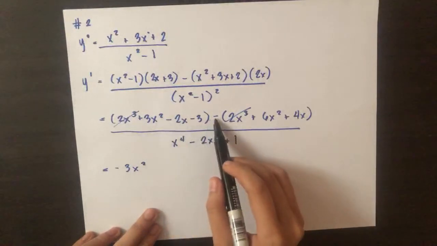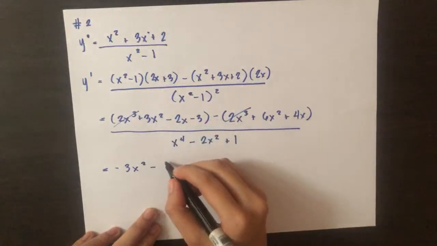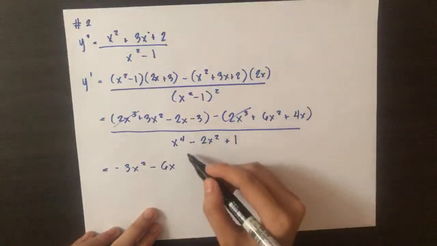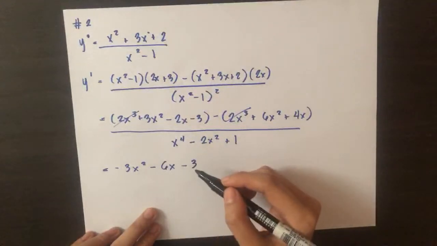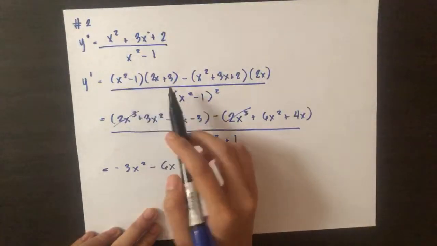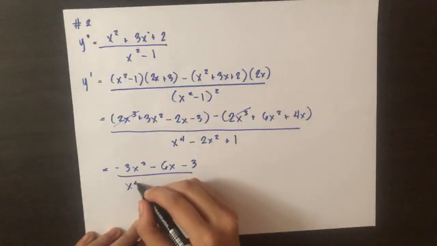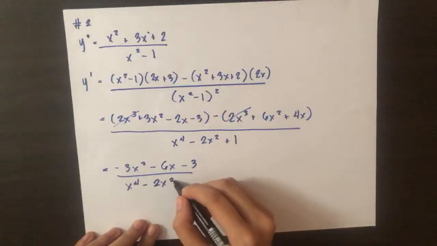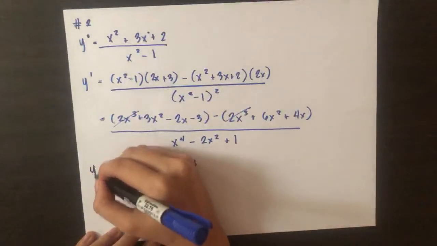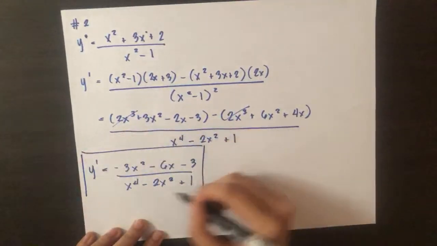Negative 2 minus 4, negative 6x, and then minus 3. Ayan. Over x raised to 4 minus 2x squared plus 1. So, ito na yung derivative niya.